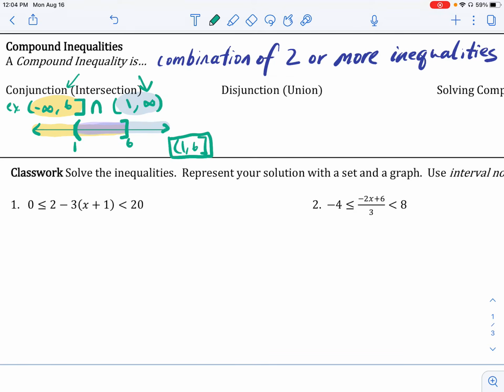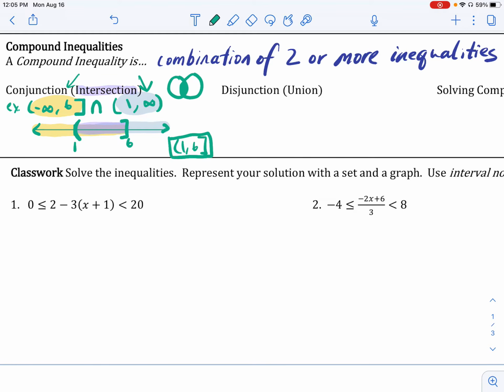And the other person saying, well, I only want to invite people that are greater than 1. Well, the final guest list is only going to consist of those who satisfy both of these conditions. This is why we call this an intersection. If you think of this like a Venn diagram, those that satisfy both of these conditions.